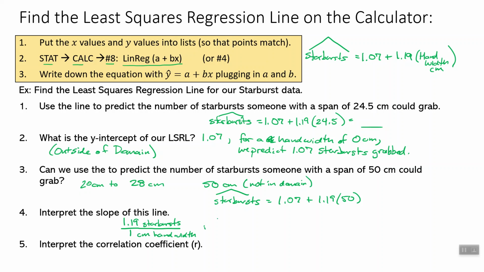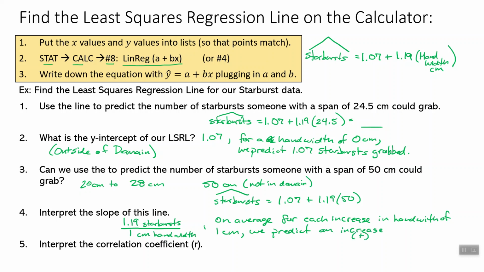So then our sentence is, on average, for each increase in hand width of 1 centimeter, we predict, it's positive, so it's going to be an increase in starbursts.